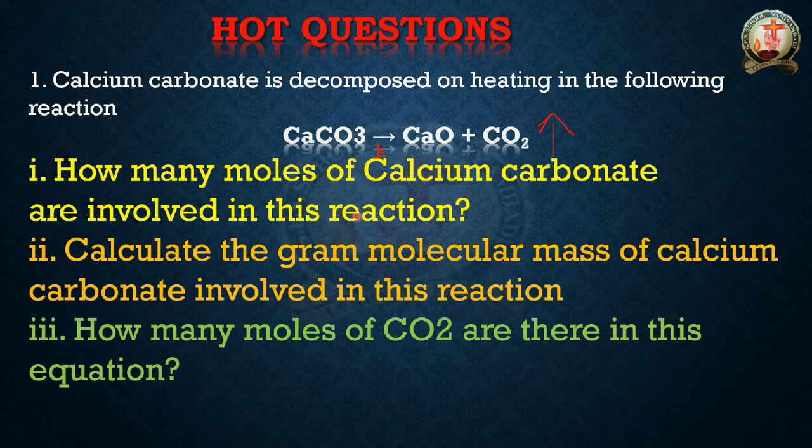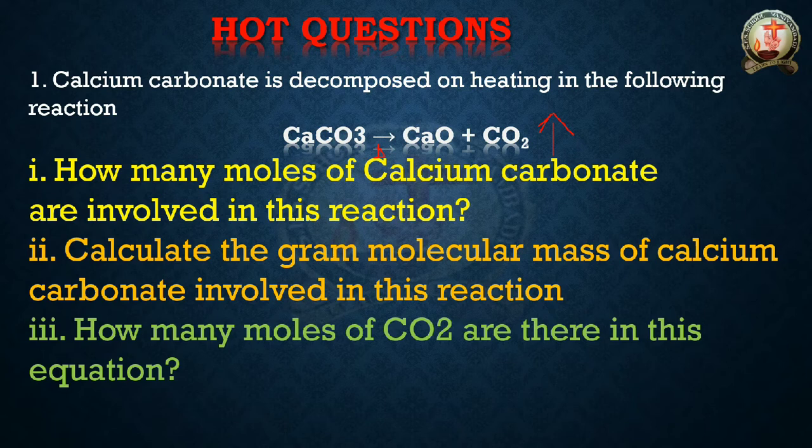Calcium carbonate is a reactant. The gram molecular mass of calcium carbonate is also related to the reactant. How many moles of carbon dioxide are in this equation? Carbon dioxide is on the product side. First, get clear information about the question.